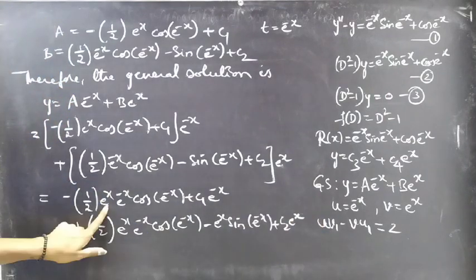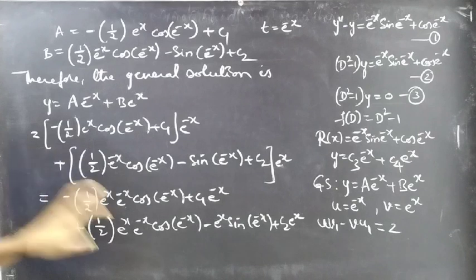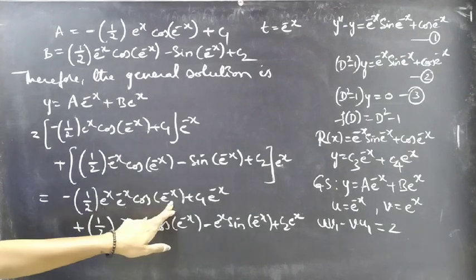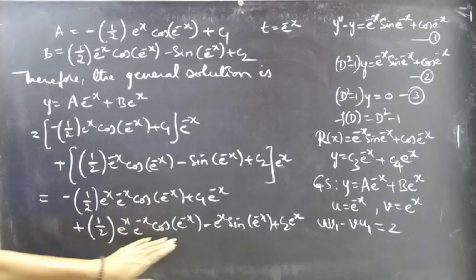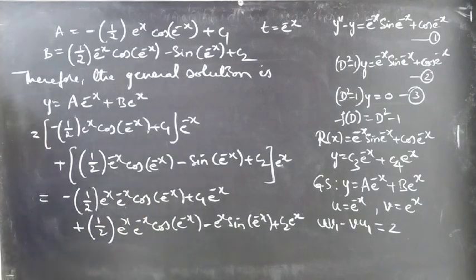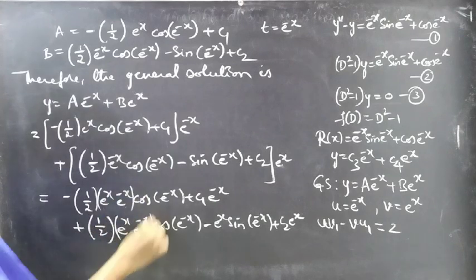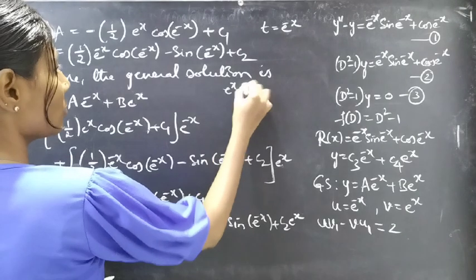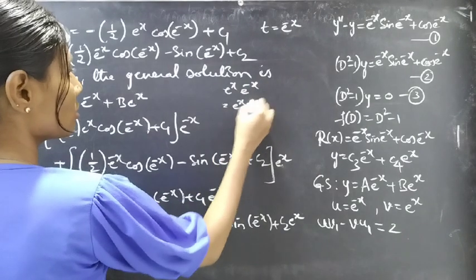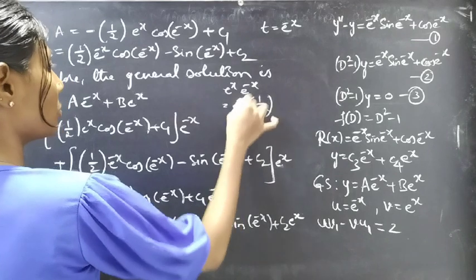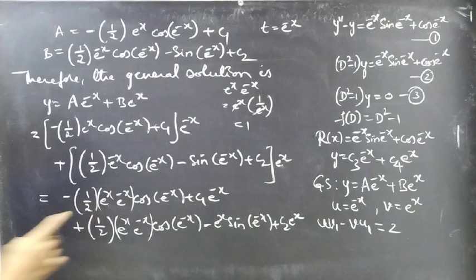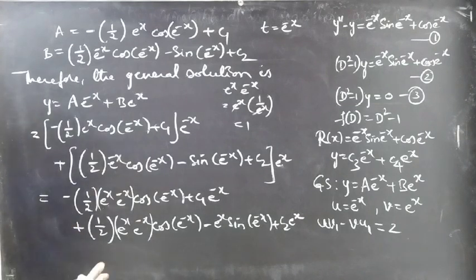See, e power x e power minus x is repeating twice. Here you can cancel minus 1 by 2 e power x e power minus x cos e power minus x plus 1 by 2 e power x e power minus x cos e power minus x, or you can replace e power x into e power minus x by 1, since e power x into e power minus x is e power x into 1 by e power x, where e power x gets cancelled and you get 1, right? So let's replace the product of e power x and e power minus x with 1.